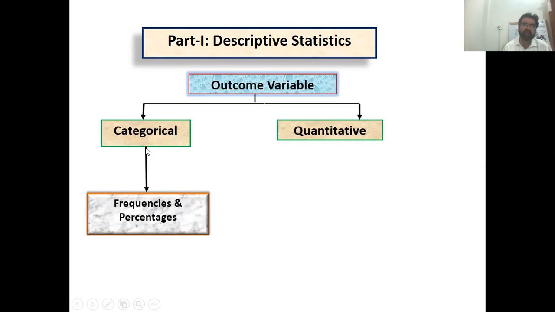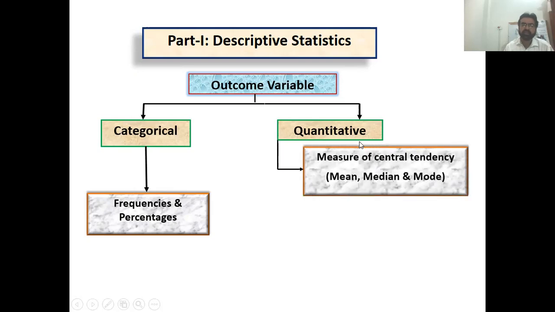If you have a categorical variable, then you have to organize this data, or describe your sample, in the form of frequencies and percentages. And if you have quantitative variables, then make sure you go for measures of central tendency, that is, a summary of your data set or sample, and you have to calculate mean, median, and mode.